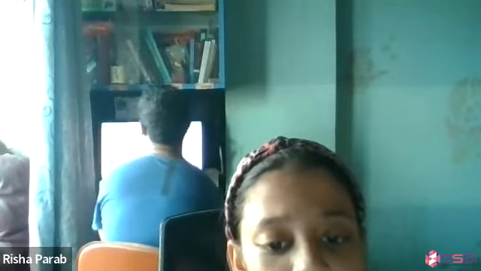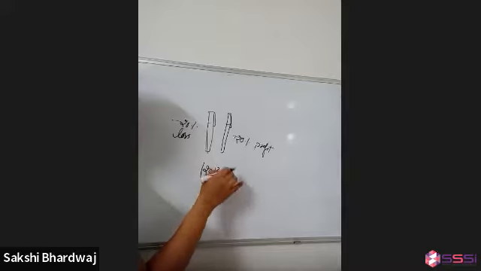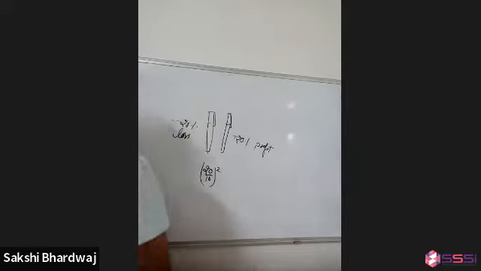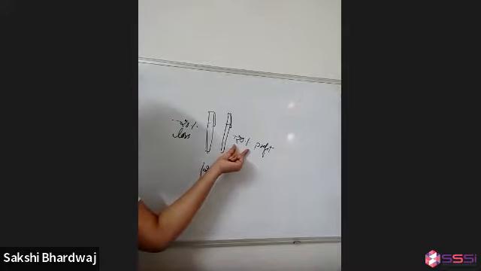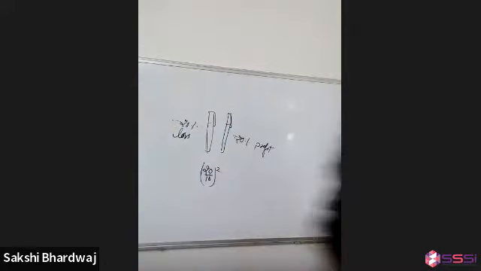If that loss is 20%, then that means it will be 80%, no? Which is left. No, Risha, overall. Read this statement again. When a person sells two similar items, one at a gain of X% profit and X% loss.